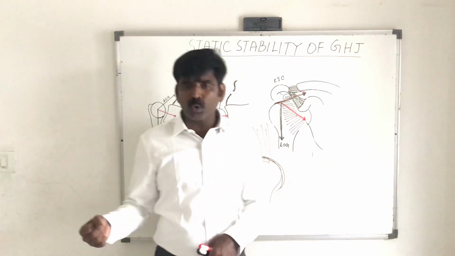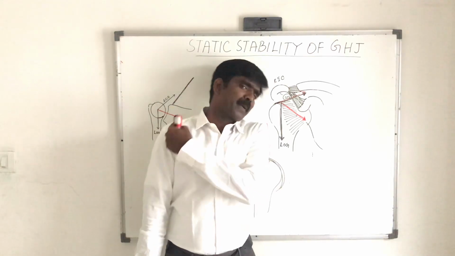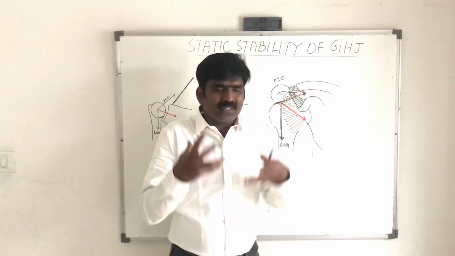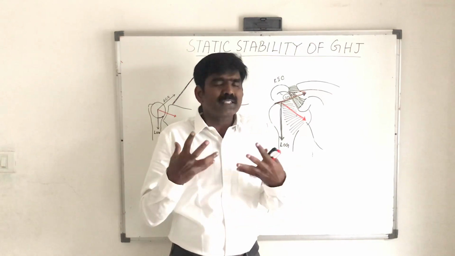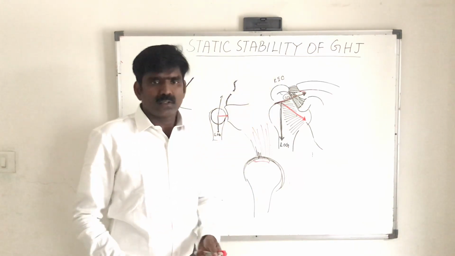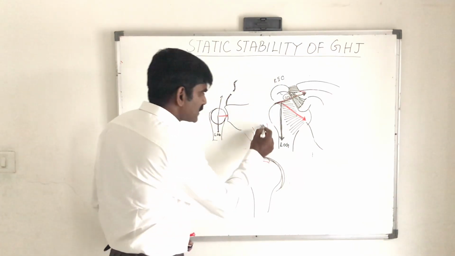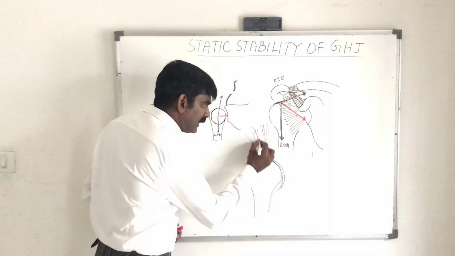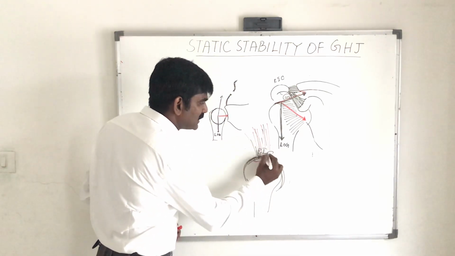So when you carry the load in your arm, the supraspinatus muscle is stretched, and the tension of this muscle is transmitted to the RIC. Clear? I have already told, the muscle does not attach directly to the bone. It blends with the RIC.